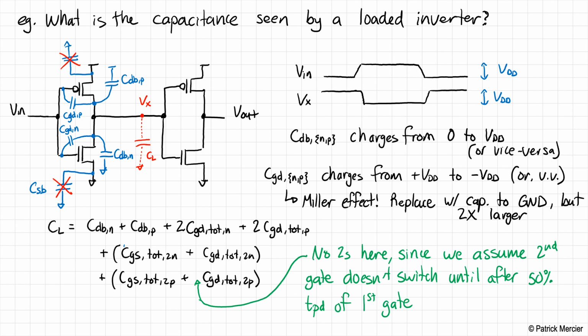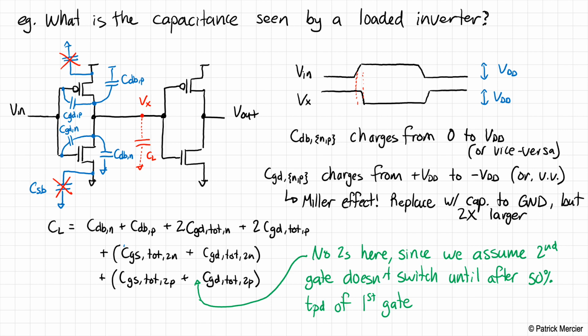Okay, so basically what we're saying here is when the first gate is transitioning, we are trying to calculate the effective capacitance on the output of that first gate. And when it's transitioning, we have a change in voltage at the input and a corresponding change of voltage right at the output. I didn't really line these curves up very well, but they're trying to basically be switching at the same time, of course after a propagation delay.